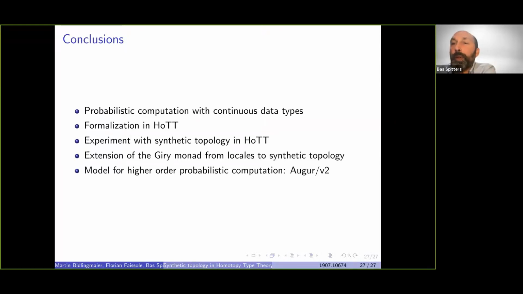We have an experiment with synthetic topology inside homotopy type theory. This hasn't been done so much before. And then we have an extension of the Giry monad from locales to synthetic topology. So the Giry monad was already done on locales, but now we can actually lift it to a bigger setting where many of these constructors are more natural.